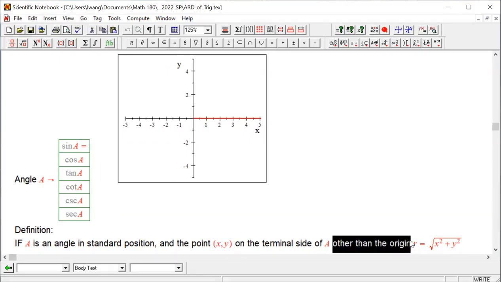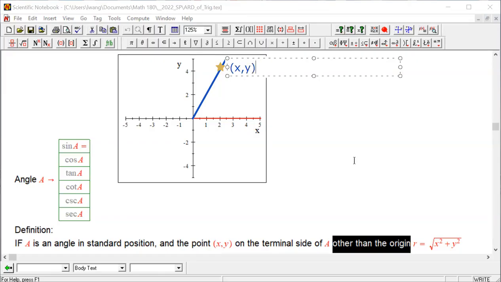So we basically can choose any point on the terminal, and that point has coordinates x, y. You know what x, y means.